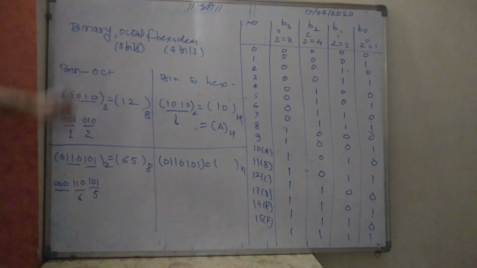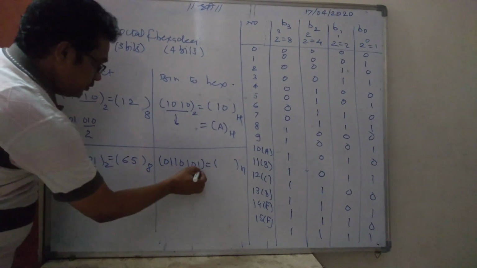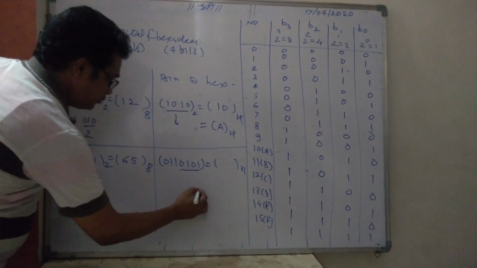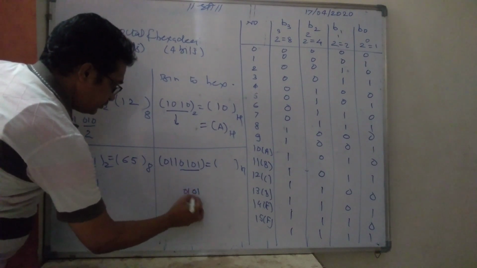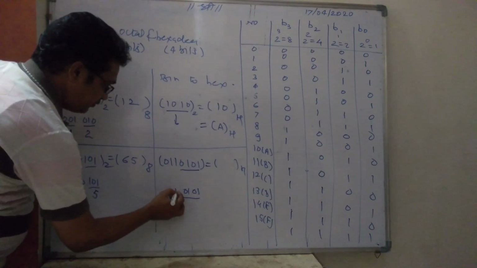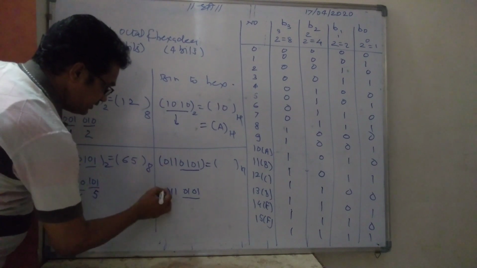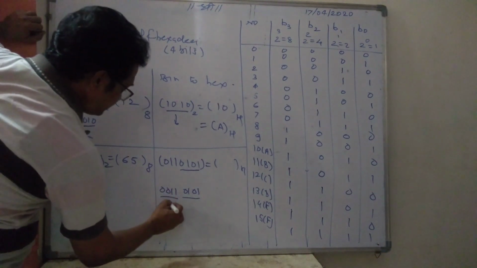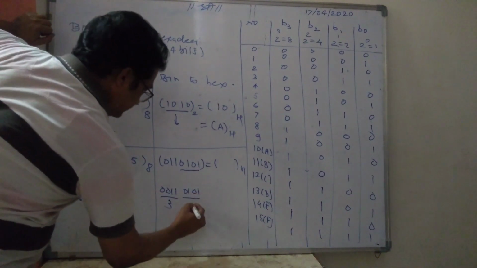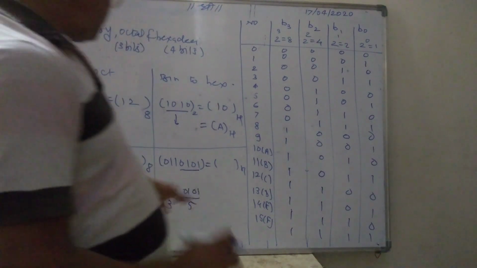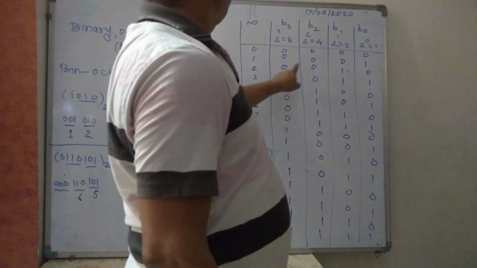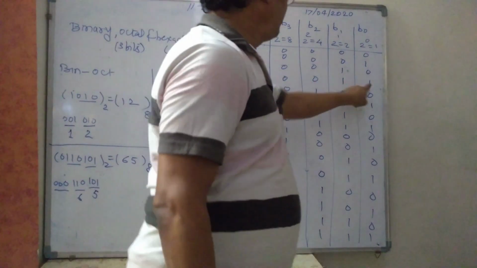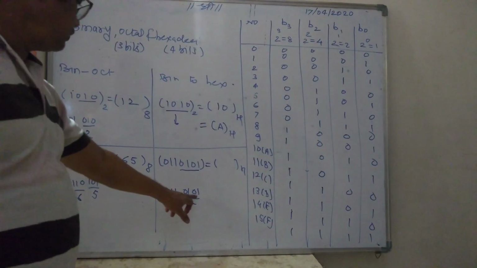But in hexadecimal we have to form group of 4. These 4, 1 0 1 0, and then this is 1 1 0, add 1 zero. So this is 0 0 1 1, means 3, and 0 1 0 1, this is 5. You see 0 0 1 1, 3, 0 1 0 1, 5.